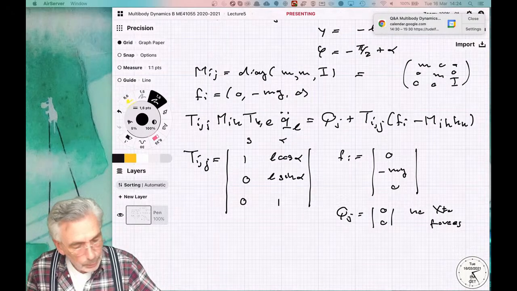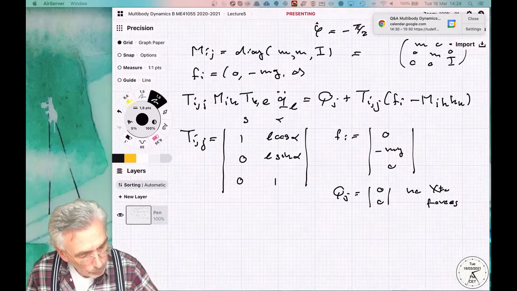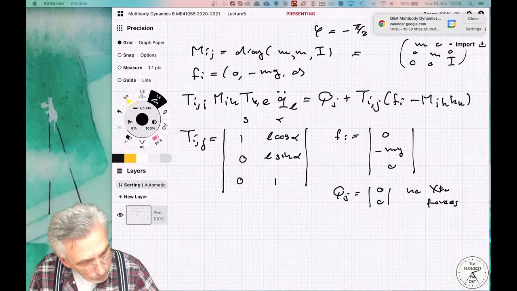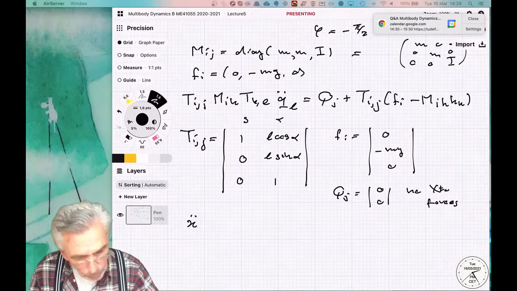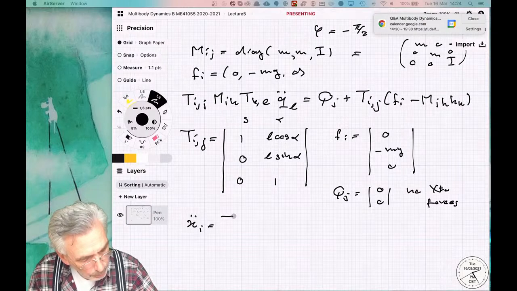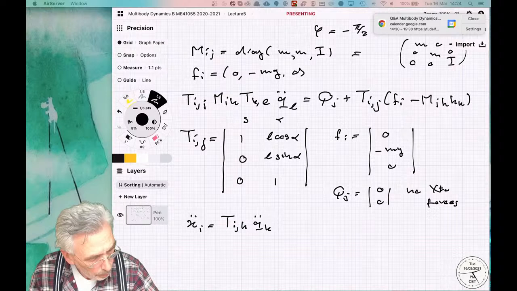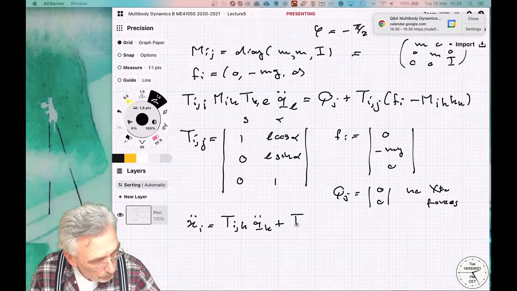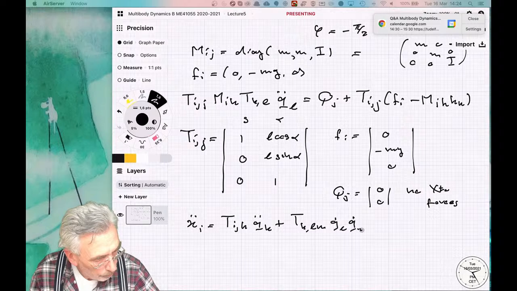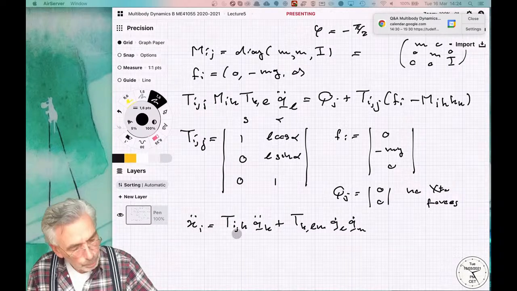Okay, next step. Now we have to form our accelerations, of course, our q double dot. That is T_ik q double dot_k plus, and then we get this T_klm q dot_l q dot_m. Well, this first part is already there because that's this transformation which you already have.